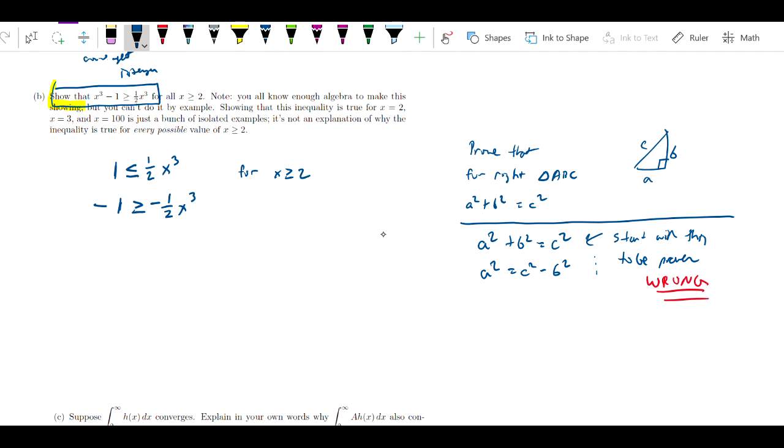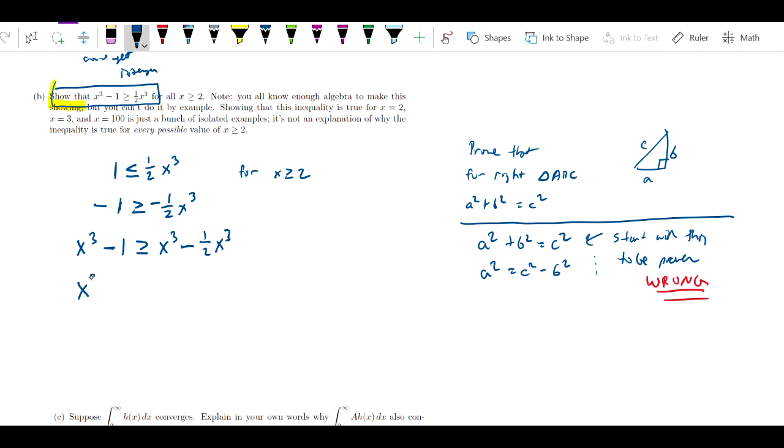Okay, so now what I'm going to do is add x cubed to both sides. So this is x cubed minus 1 is greater than or equal to x cubed minus 1/2 x cubed. I just added x cubed to both sides of the inequality. And now finally, I'm just going to combine the terms on the right side of the inequality.